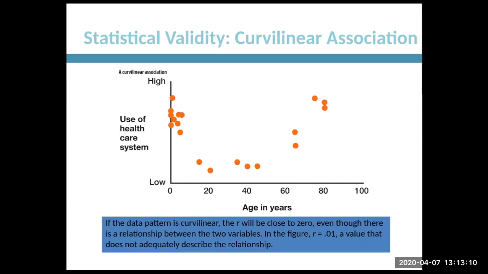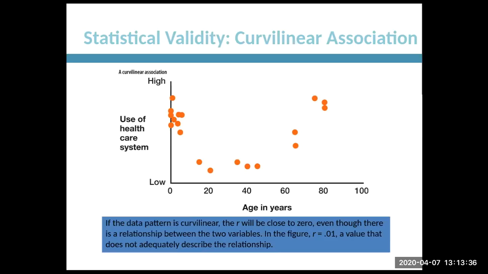If you were to draw a curved line going from 0 down to 20, 40, 60, and then up towards 80. What this is showing is that the data in a scatter plot is normally looking for a linear line, a line of best fit. But in this case, with an r of 0.01, it's because the data does not fit a linear way, but it does have a relationship that is nonlinear or curvilinear.